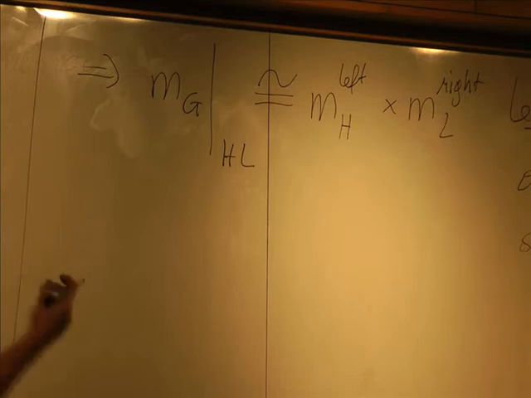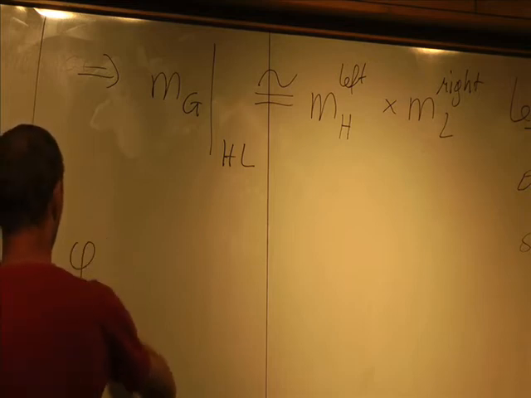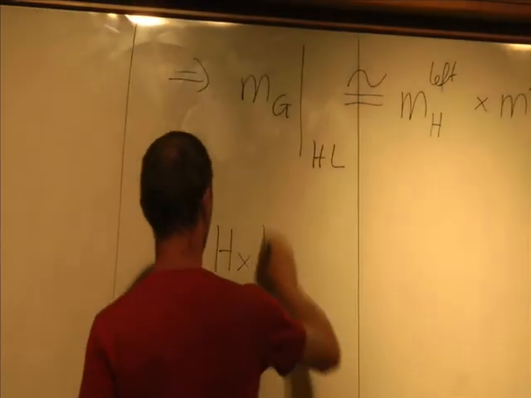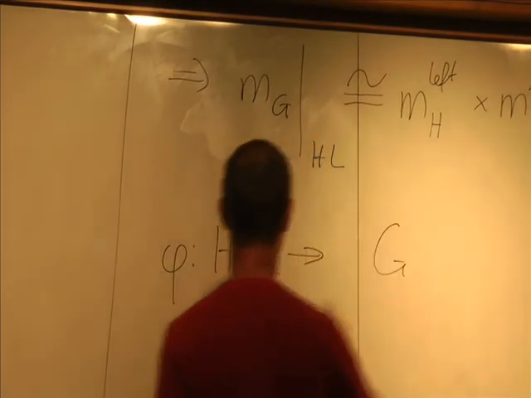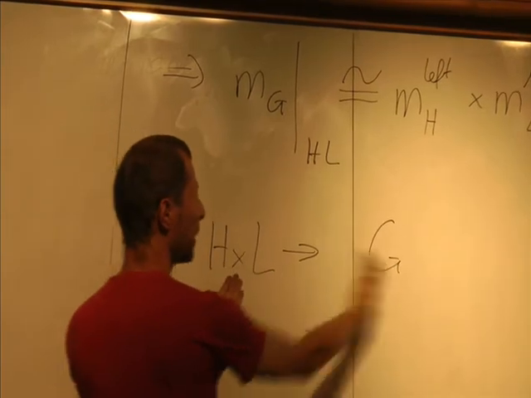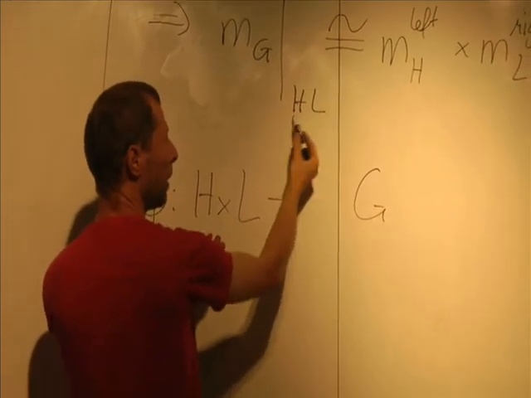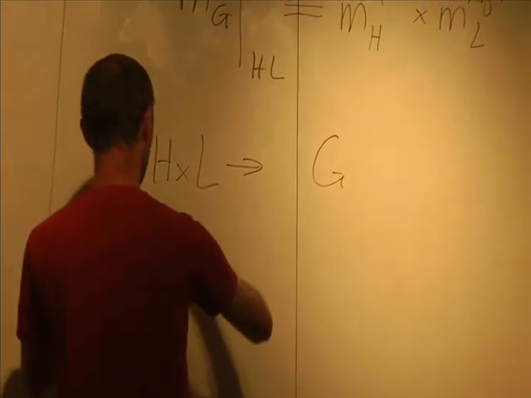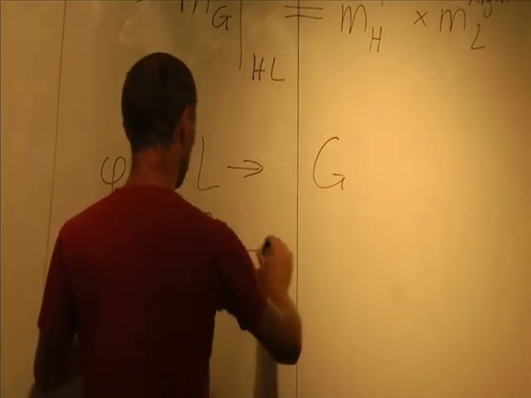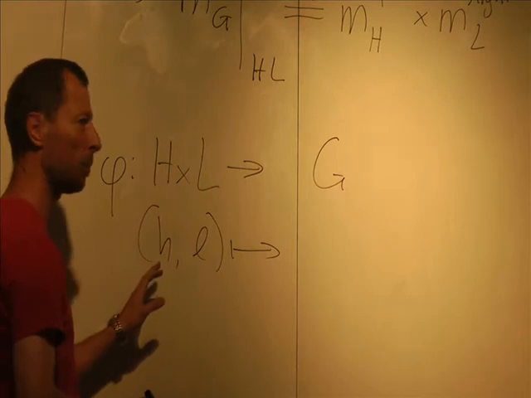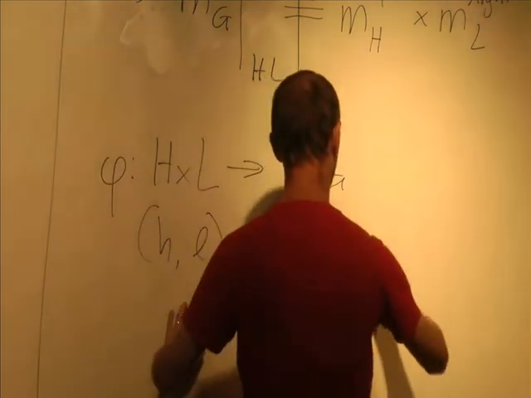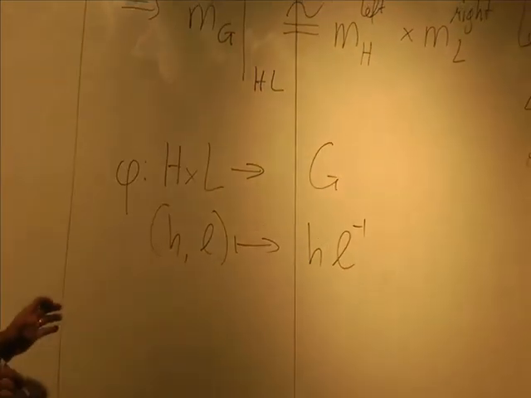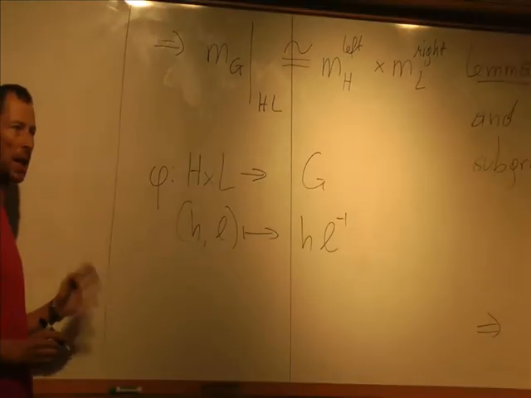The way to prove it is to use the following map, phi from H cross L to G. It's a parameterization map of this positive subset that I want to use. So (h, l) goes to, now I'm cheating a bit, I use a slightly different parameterization that you may have guessed: h l inverse.